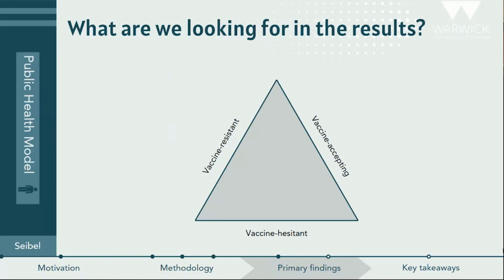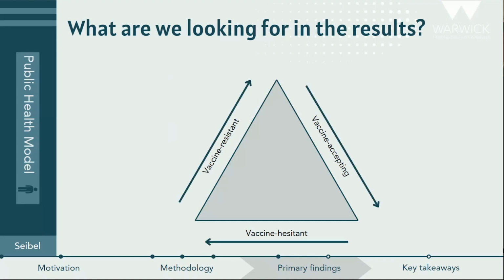So we have our vaccine resistant group on the left, vaccine accepting group on the right, and vaccine hesitant down below. I'm going to add a few things, kind of walk us through this.